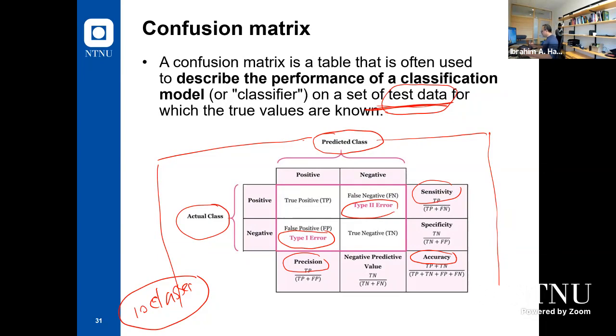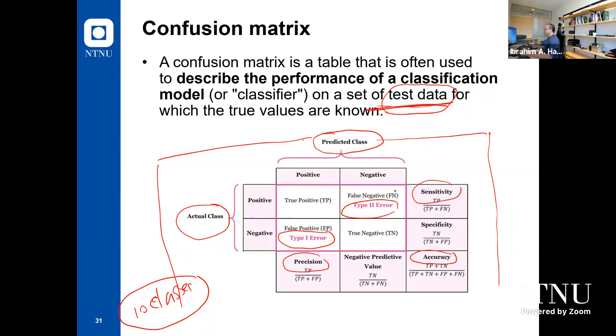So in the actual classes, you have a number of cases which are positive, and the model will be able to classify some part of it as positive, and some part of it will be misclassified as negative. Those positive cases which are classified as positive, we will call true positive. And those positive cases which are classified as negative, we will call false negative, correct?